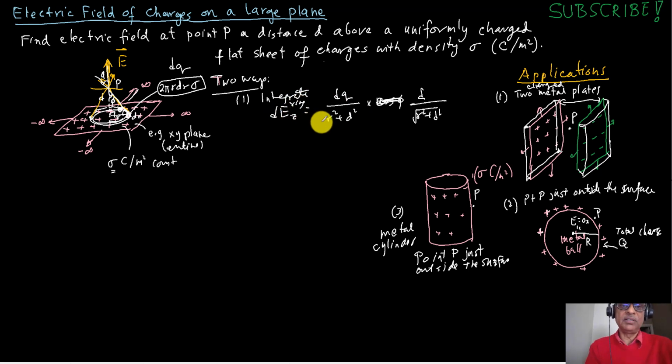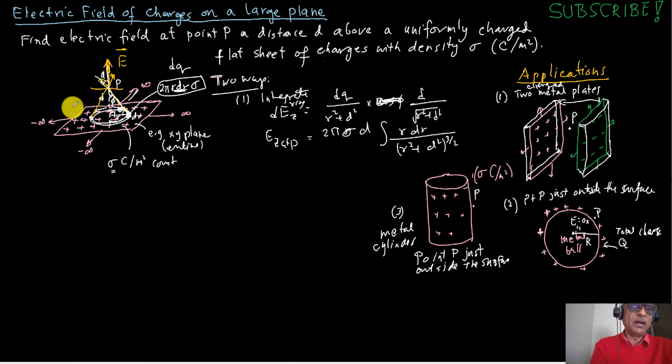And then I just integrate. So EZ at P is equal to this, I put down here 2 pi sigma, and then you have r dr, and d comes out, so 2 pi sigma times d, and I have to integrate r dr over (r square plus d square) to the 3/2, and to go in every direction I go 0 to infinity in the r variable, and that should solve this problem.